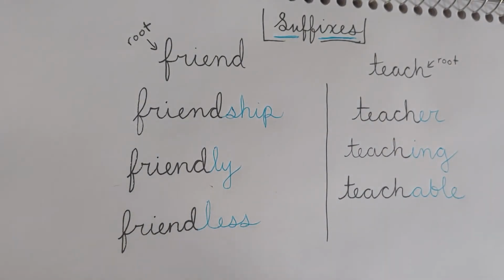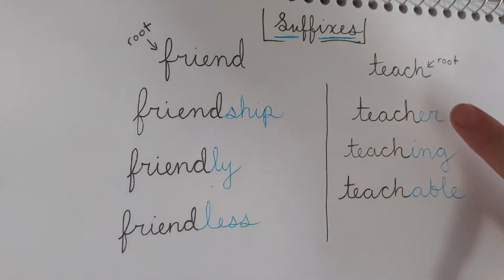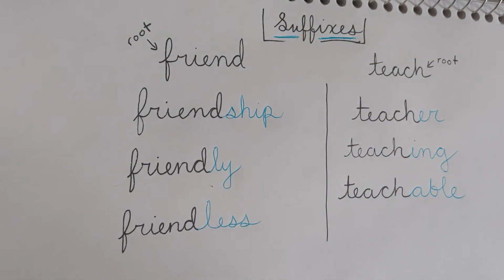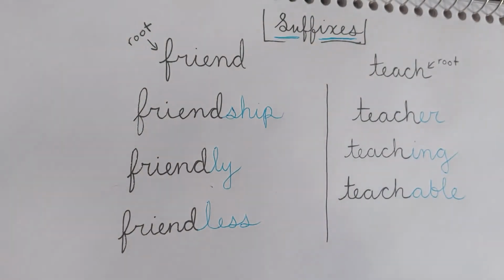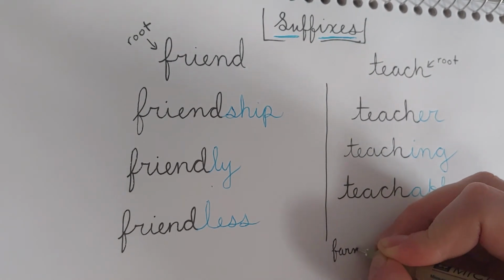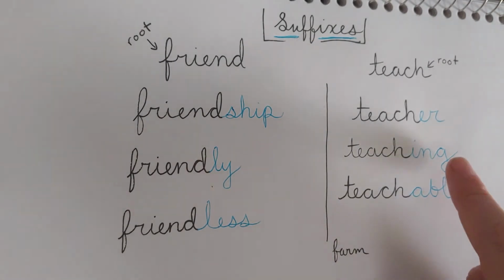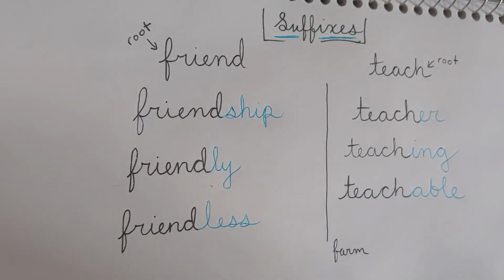Following up on this work, a really great thing you could do would be to think of a couple root words that you have heard using different suffixes and make a list of all the different words you can come up with. For suggestions, maybe you'd like to try farm. You could use farm as your root word. See what suffixes you can add.